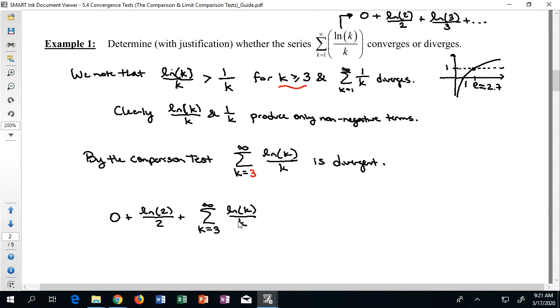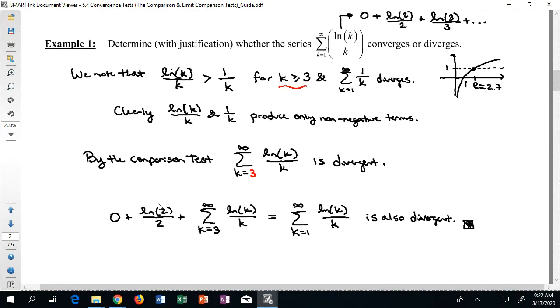Here's thing 1, thing 2, thing 3. This is equal to my original series. And so I really have only deleted finitely many terms. And so convergence or divergence won't change. This is also divergent.